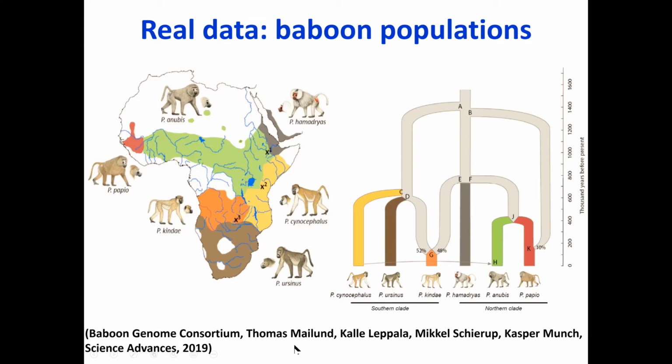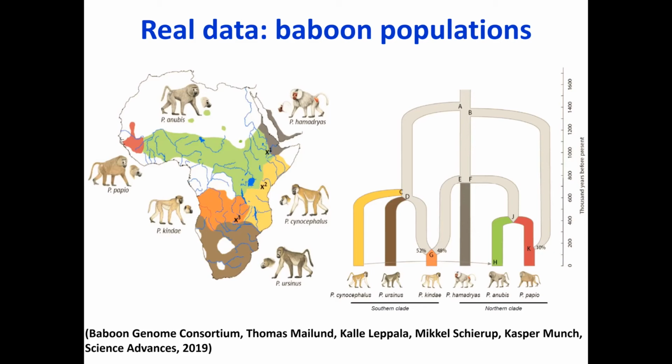And in Aarhus, the group around Thomas Mailund, and I also mention others who were involved in this analysis, they inferred that the Kinda species is the result of an admixture of the northern and the southern clade, probably almost 50% here.